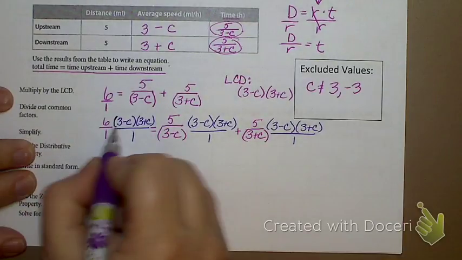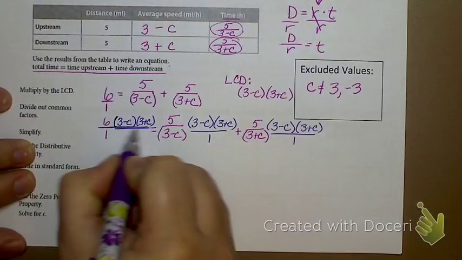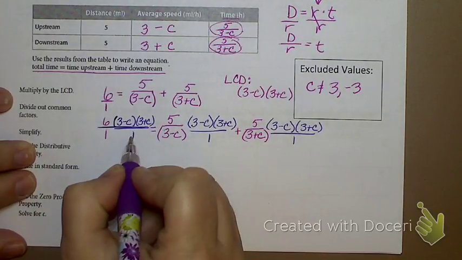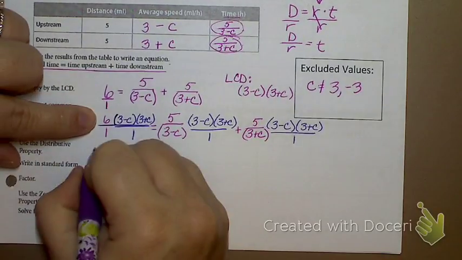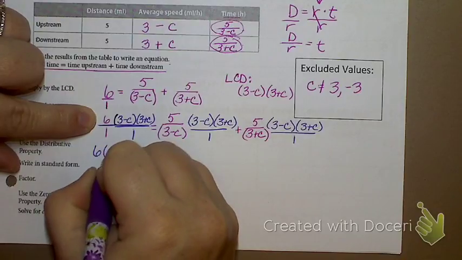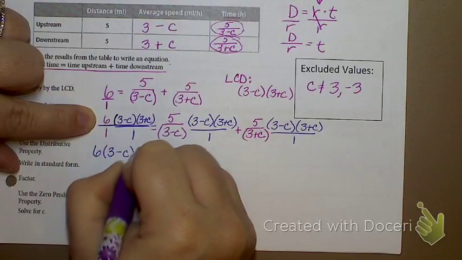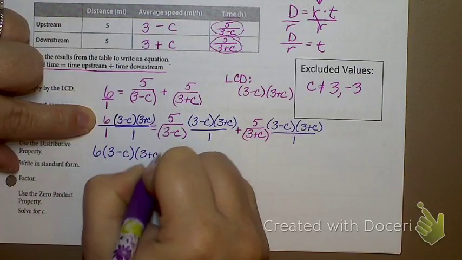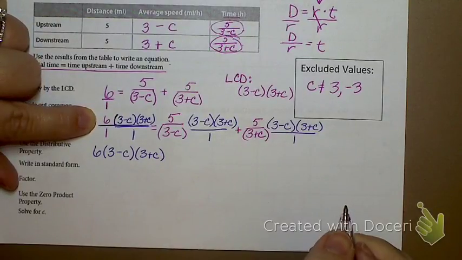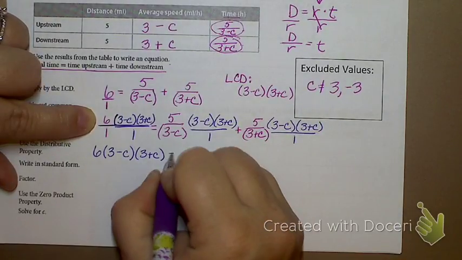So let's do our canceling. This becomes one giant fraction, and nothing cancels out in this first one, does it? So I just have 6, parentheses 3 minus c, parentheses 3 plus c. You okay with that? Equals.